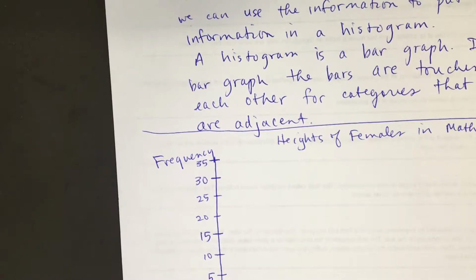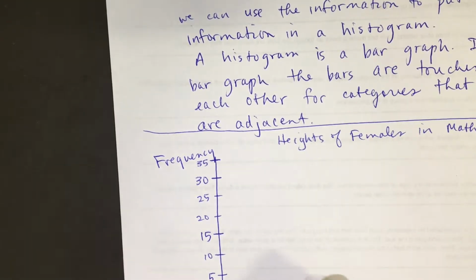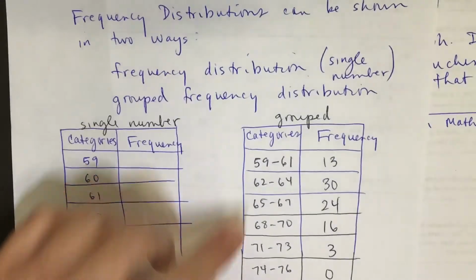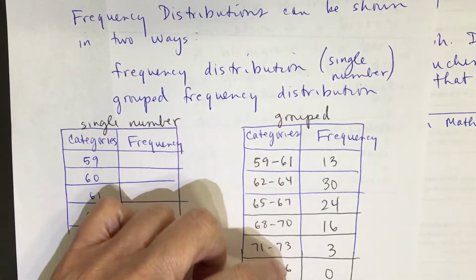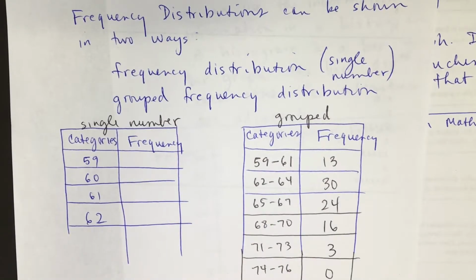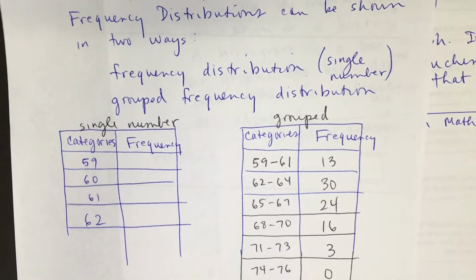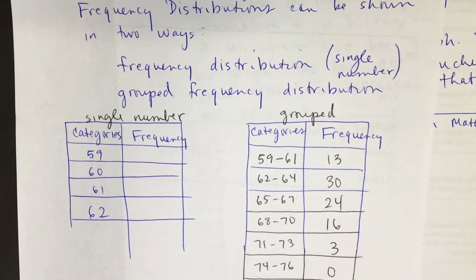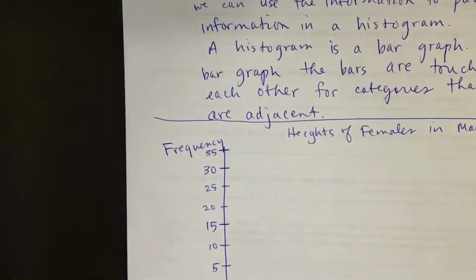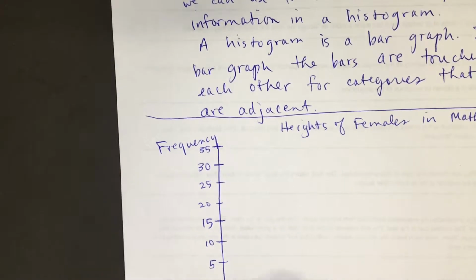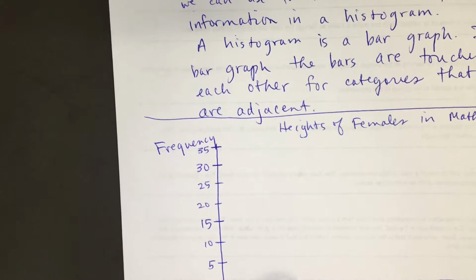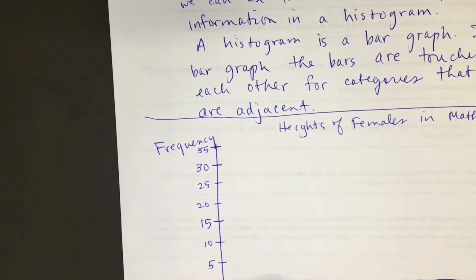On the horizontal line, we'll have the categories. I have, let's see, 1, 2, 3, 4, 5, 6, 7, 8, 9 categories. Even those that have 0, we would count them. The 9 categories. The first bar is going to be over a little bit.